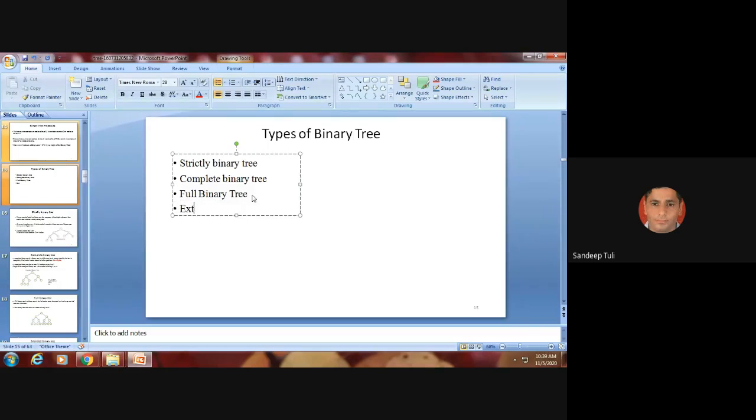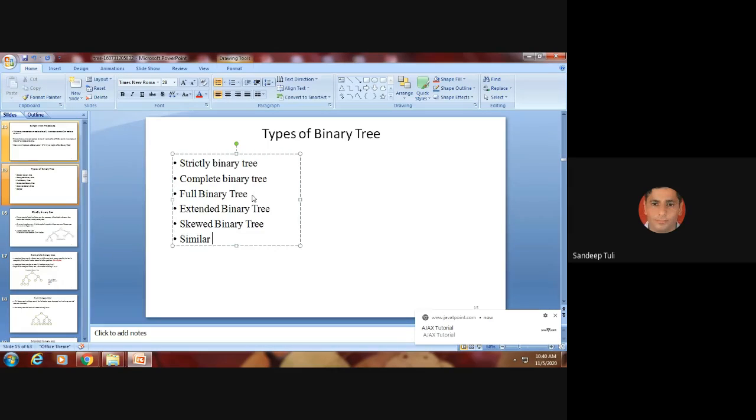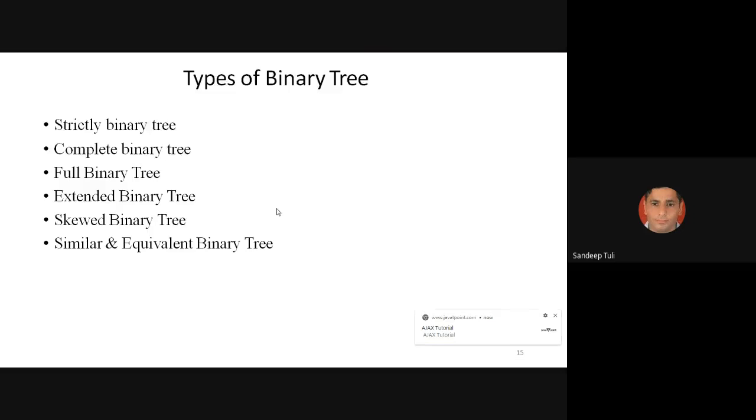One is extended binary tree and one is skewed binary tree, and similar ones. So some specific types of binary trees we are now going to learn about.